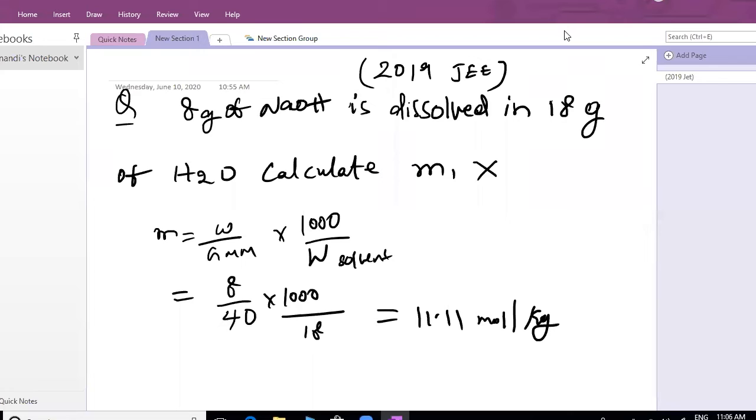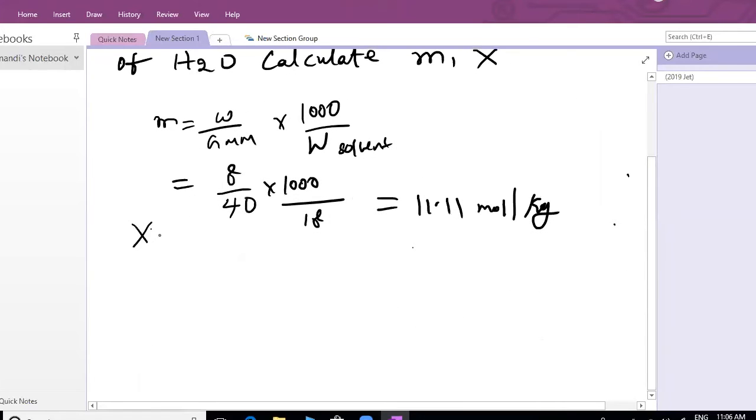Mole fraction is 0.16. Yes, you can use 0.167 or 0.166. 167, okay, fine. You know how to calculate mole fraction. Mole fraction of NaOH equals n NaOH divided by n NaOH plus n H2O.